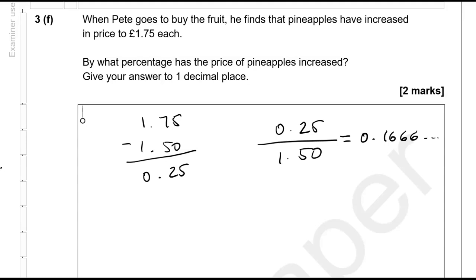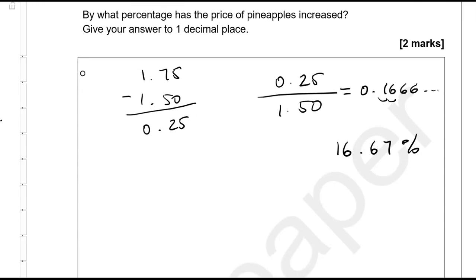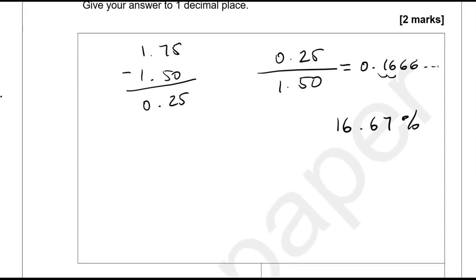And we know that we need to multiply by 100 to get the decimal into a percentage, to convert it. So the decimal point will move 2 places to the right. So in other words, we've got a 16.67% increase. So I've rounded it to 2 decimal places.